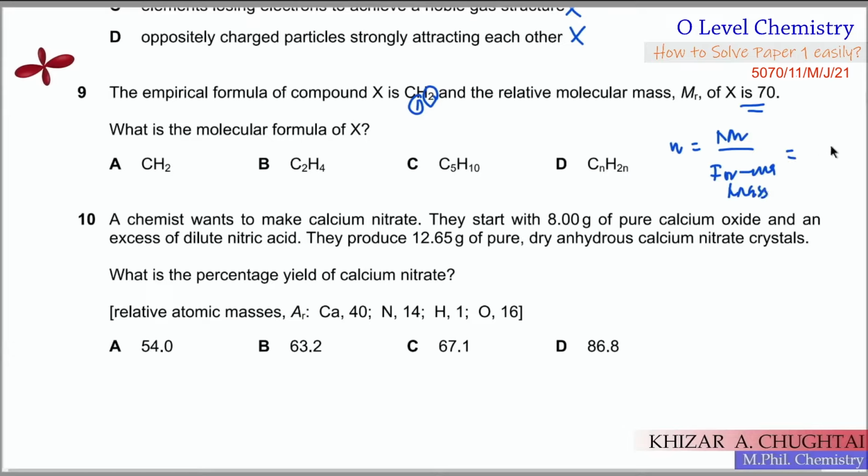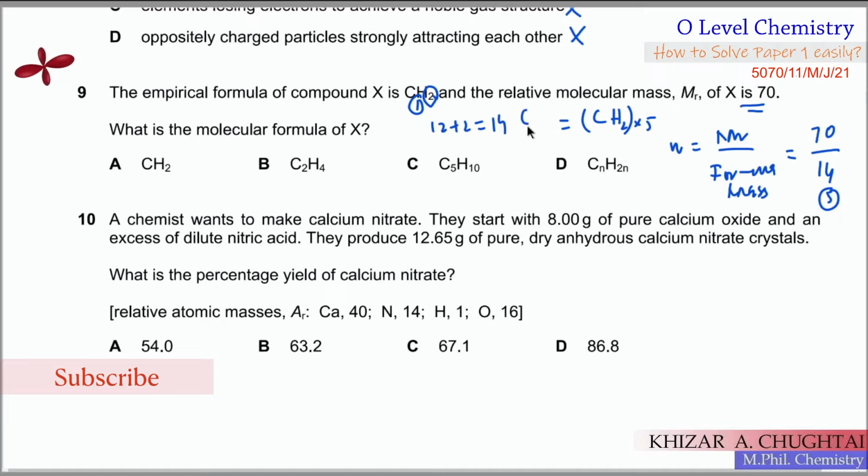MR is equal to 70, and its formula mass is 12 plus 2, that is equal to 14. 70 divided by 14 is equal to 5. So I'm going to multiply CH2 by 5. The answer is C5H10. C is the correct option.